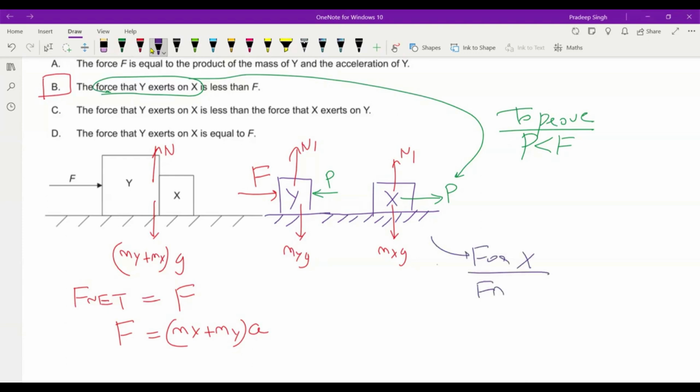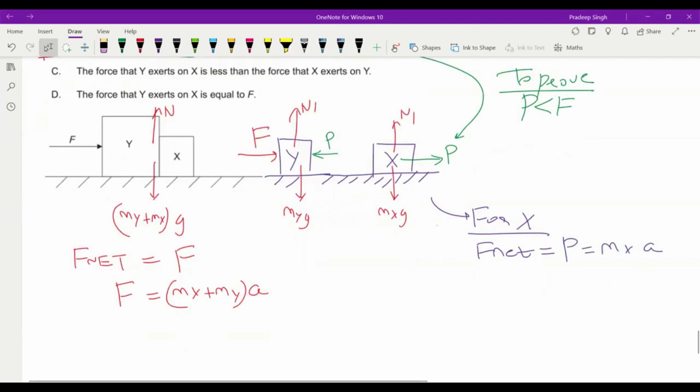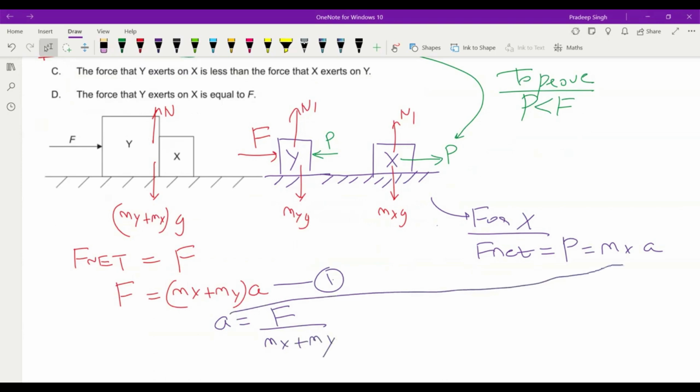For X, what's the net force? See, weight and normal reaction, they always cancel out. So the only remaining force is P. So net force is P, and that will be equal to mass into acceleration. Right? So P is equal to mxa. Let's make A the subject from this first equation. We will get this and put the value of A in this. It's a tricky question.